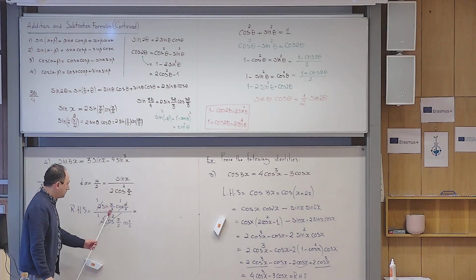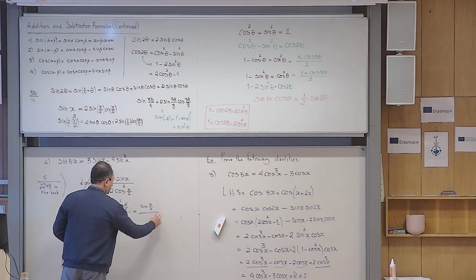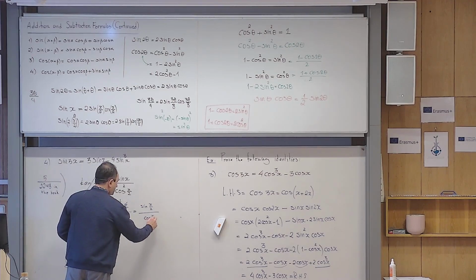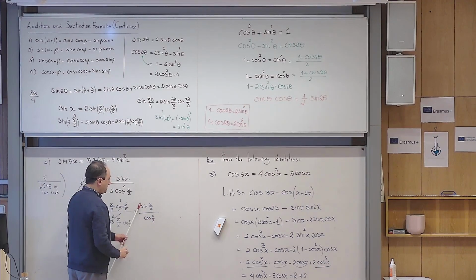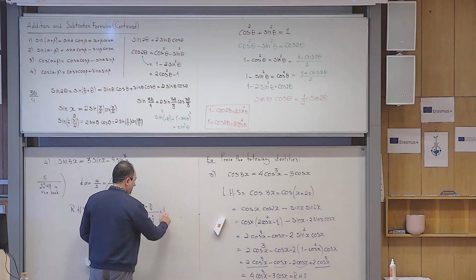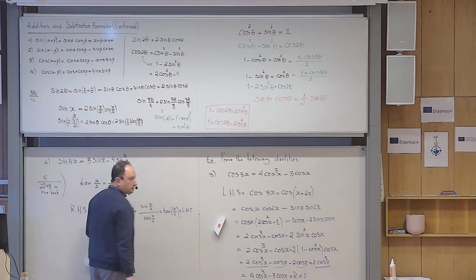A sine x over 2 is left in the numerator. What is left in the denominator? Cosine x over 2. But then again, this is a very old lesson, that if I have sine of an angle divided by cosine of the same angle, this can be written as tangent of that angle. And that's exactly equal to the left-hand side.